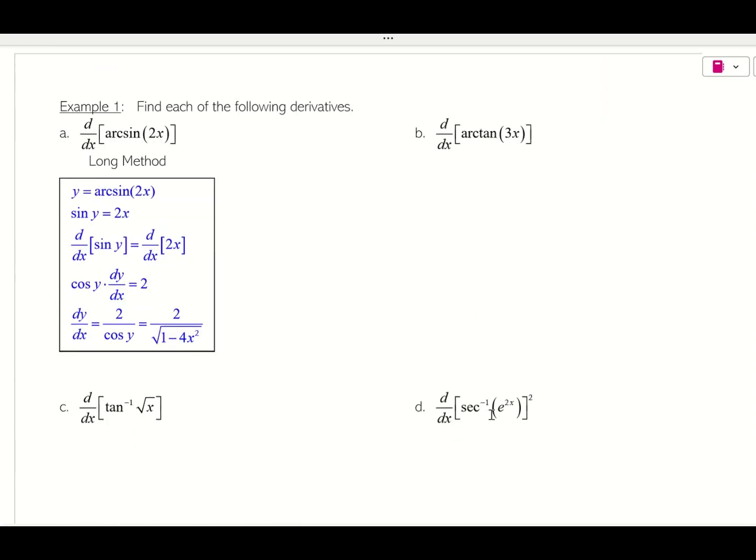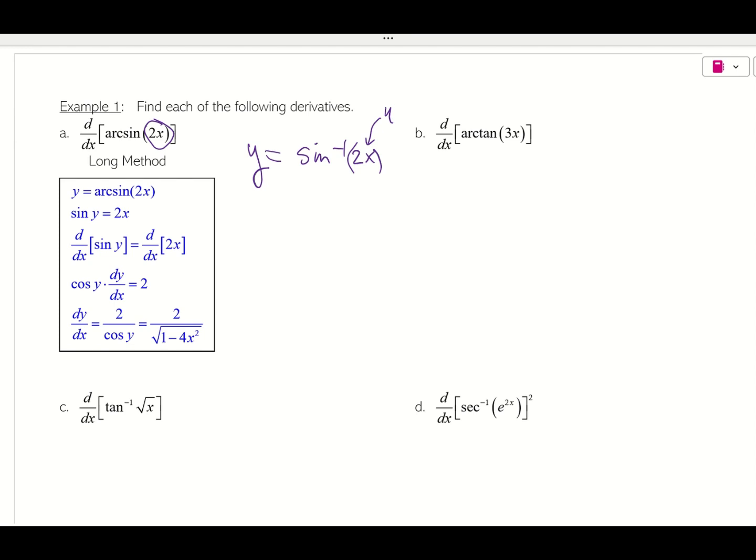Okay, so this is the derivative of inverse sine of 2x. Essentially, this is a chain rule because this is inside the function. So we could write this as y equals inverse sine of 2x. Okay, and that's the u in our formula.